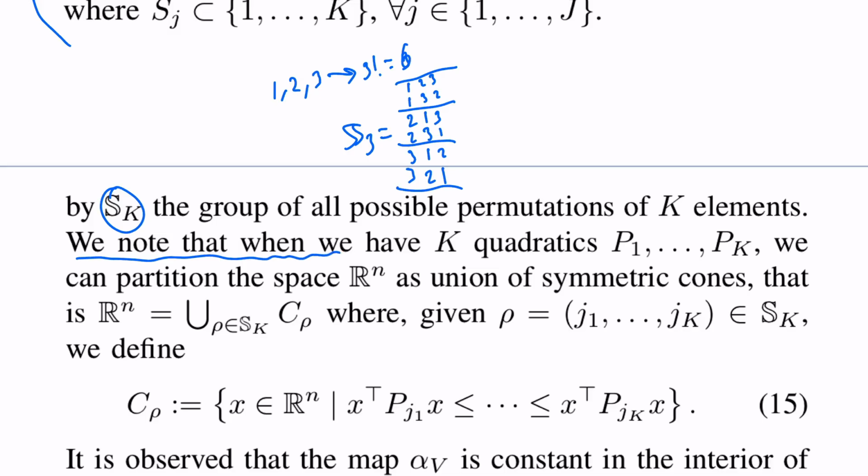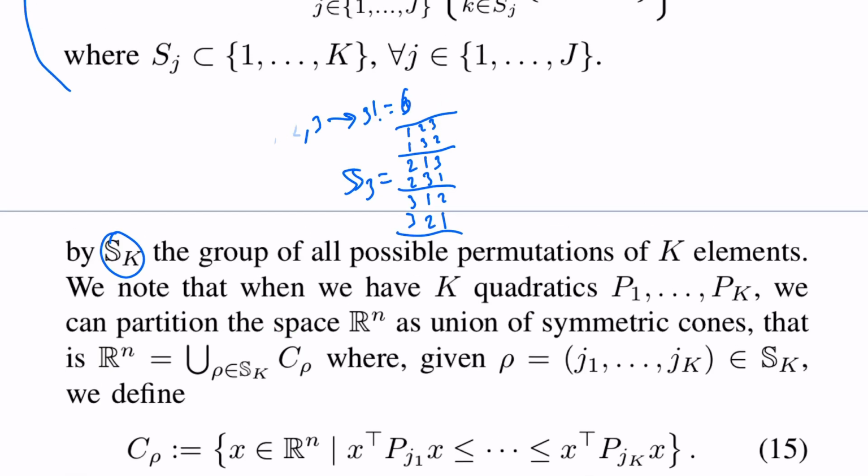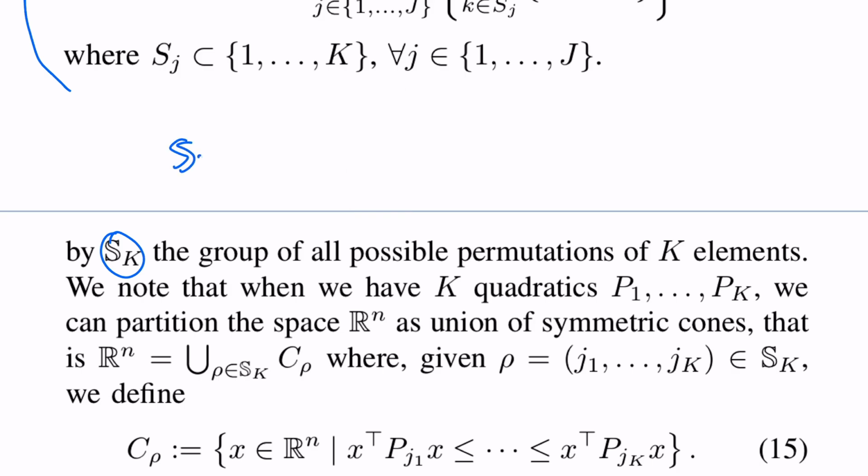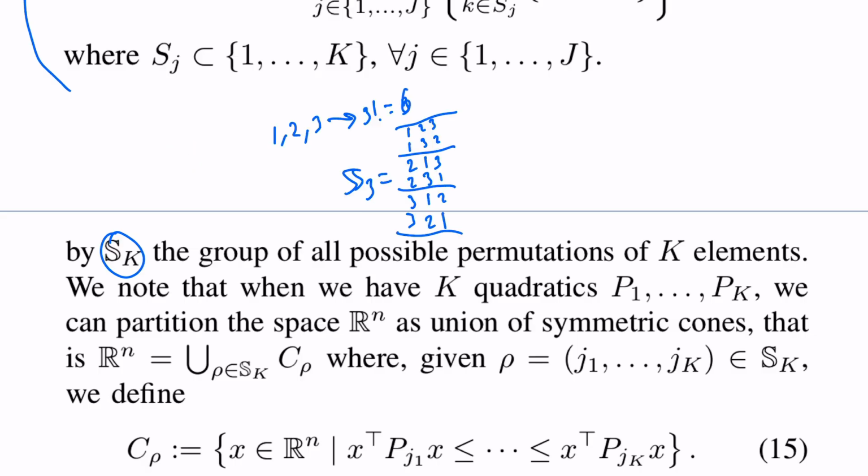We note that when we have k quadratics, we can partition. This is important. Let me say a few words on this matter. Let's try to make it simple with S3.